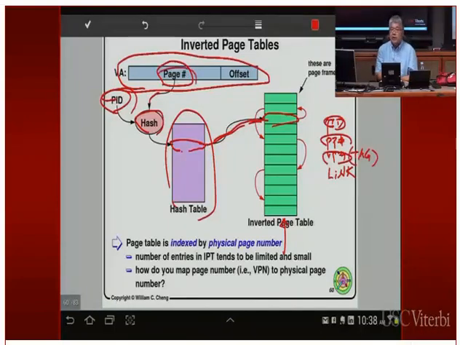If they are both equal, then you know that this page table entry has the right thing that you want, which means it has the correct physical page number that you can use. If it's not equal, then you follow the link, go to the next guy, and again compare the PID, compare the tag, and if they're the same, use the physical page number. Otherwise, go to the next guy, and you continue like that.